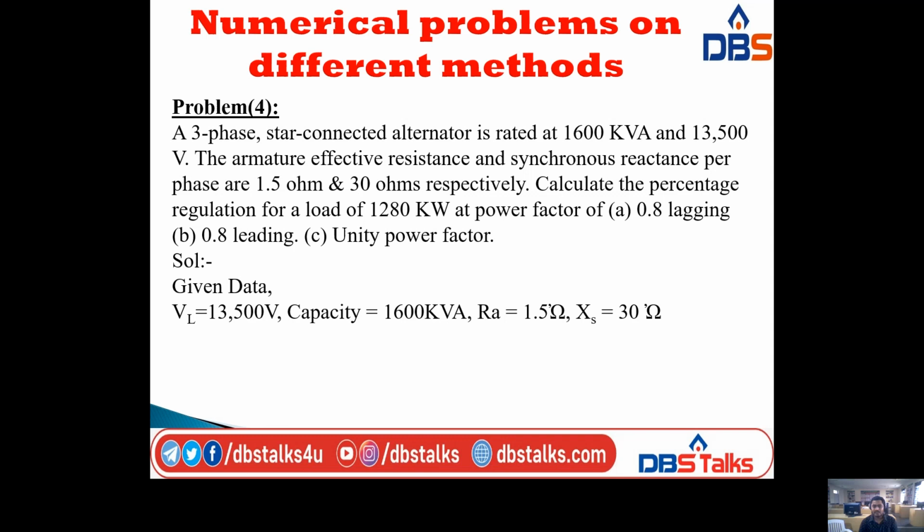They also gave the armature effective resistance, that is nothing but the armature resistance, as 1.5 ohms, and the synchronous reactance Xs equal to 30 ohms, and a load of 1280 kilowatts.